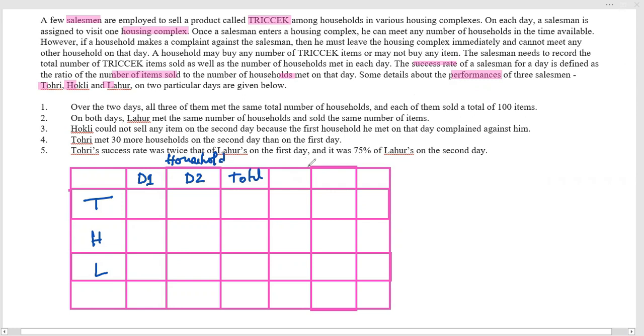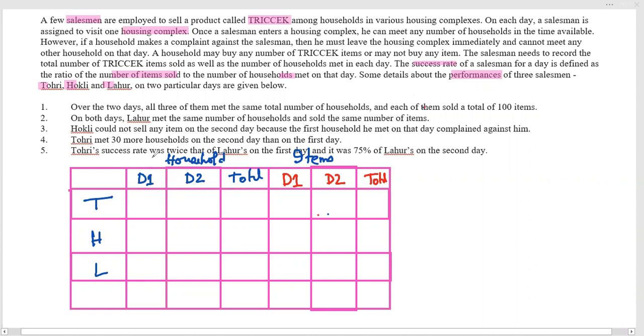Now the number of sales, items sold. What we have done is the item numbers D1, D2 and total. This is the household D1, D2 and total.